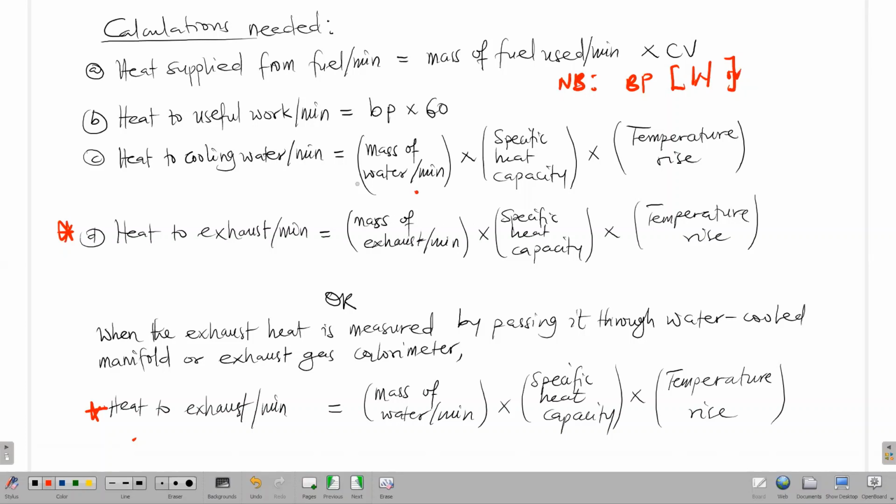Here we are taking the mass of exhaust per minute because we can derive that. But when it is difficult for us to derive this, then we pass the exhaust gas through an exhaust gas calorimeter, and then the heat that will be transferred to the water in the calorimeter will now be the same as the heat that the exhaust gas was having.